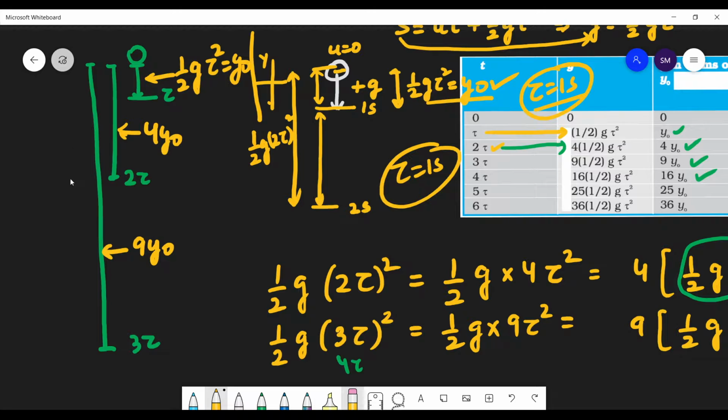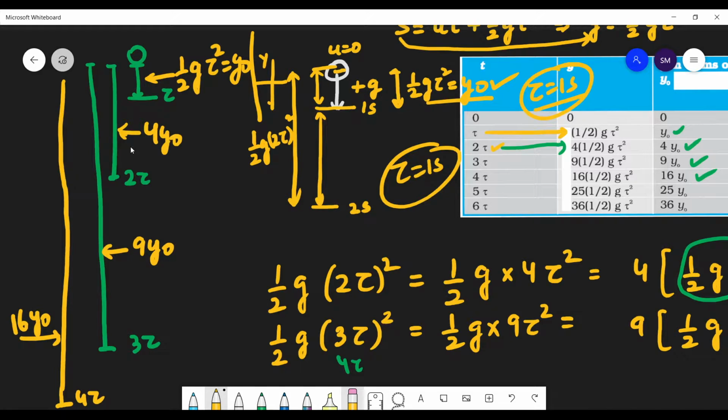And in 4 tau, the distance will be 16y naught, isn't it? 4 square here.